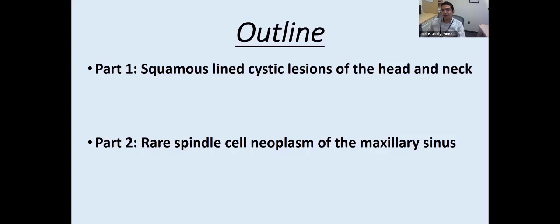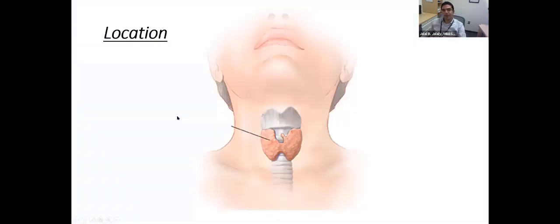I could have spent the entire hour talking about cystic lesions, but I decided to include a second part on a rare case of a spindle cell neoplasm of the maxillary sinus, which gives me a chance to talk about spindle cell lesions in the head and neck, which we don't commonly see every day.